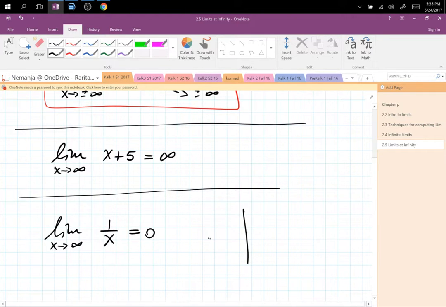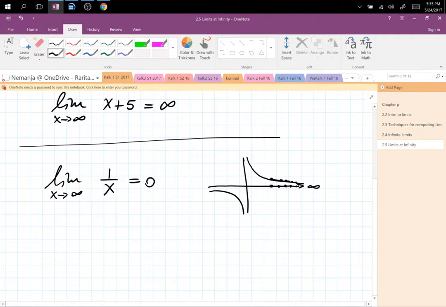If you are to graph 1 over x, and you see how x goes to infinity, you see that the y value is trying to hit 0. So imagine the point here, right? And then it's closer, and it's closer, and it's closer, and you see that the y value is trying to hit the x-axis. The x-axis has y equals 0, and we know that the limits are the y value for the function.